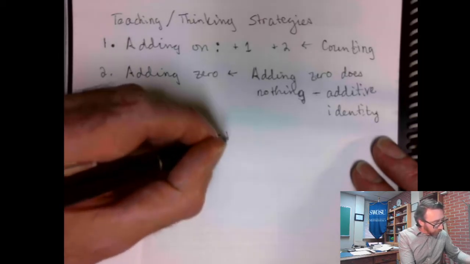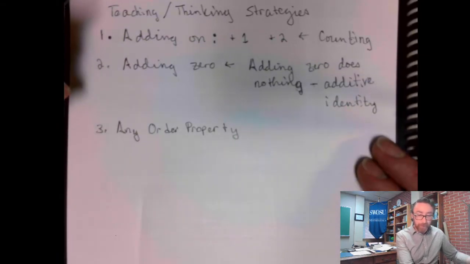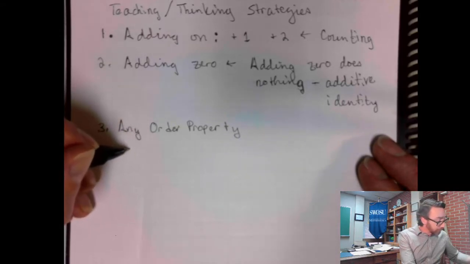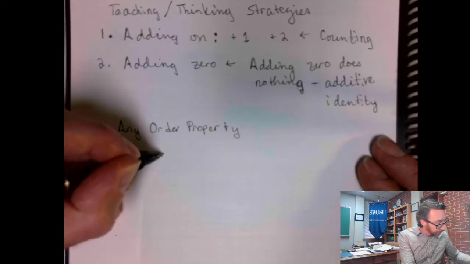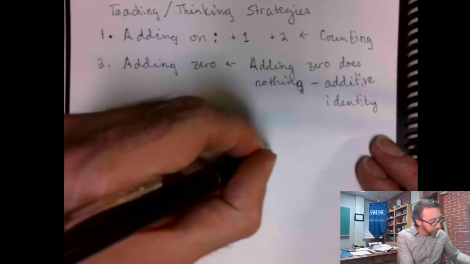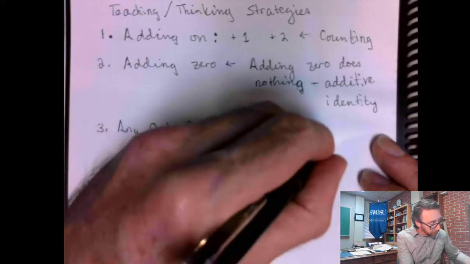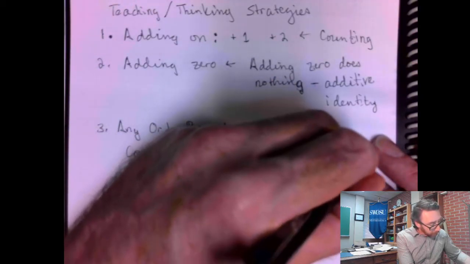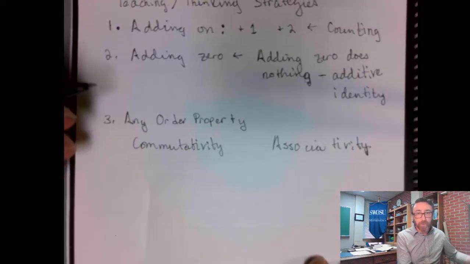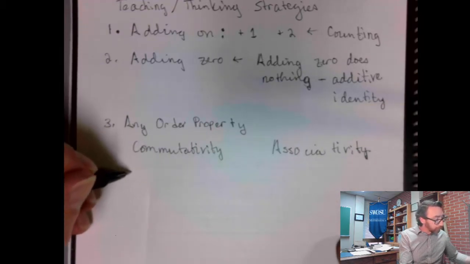Another important teaching and thinking strategy is the any order property of addition. Okay, you have commutativity, and you have associativity. Okay, so in commutativity, we can do things like switch the order.